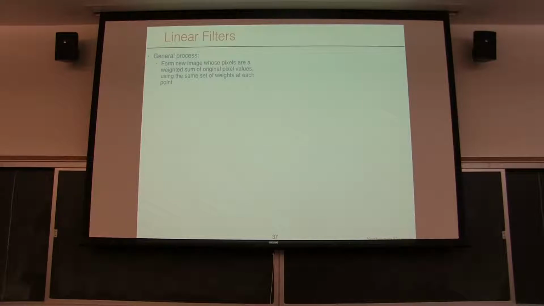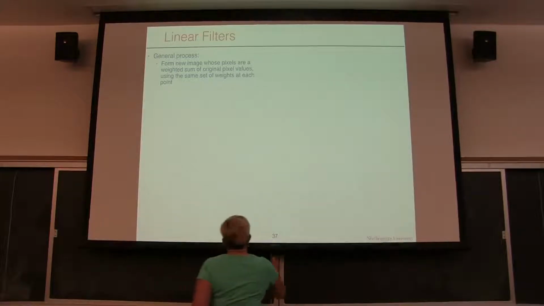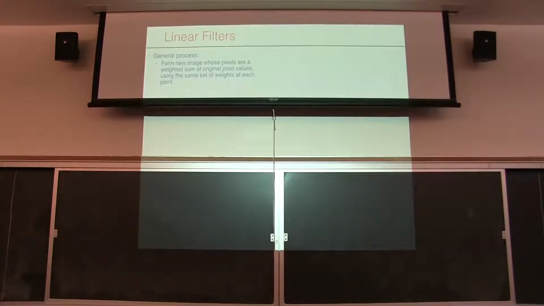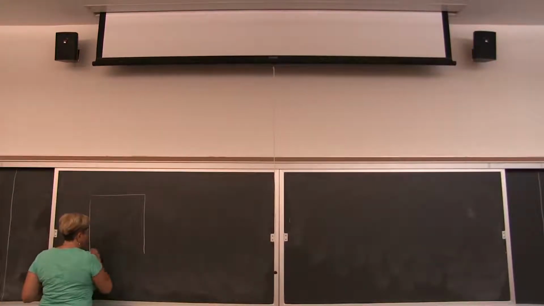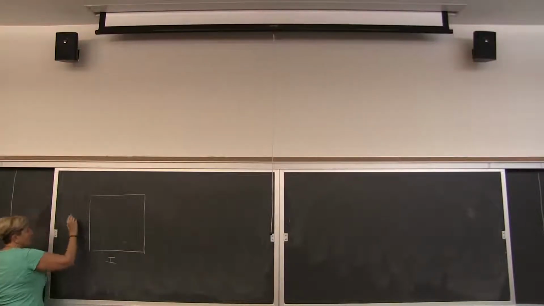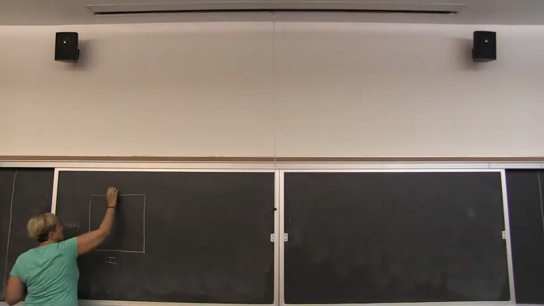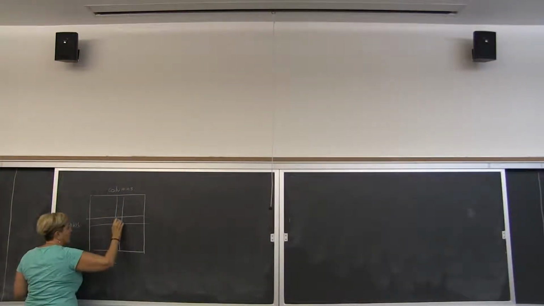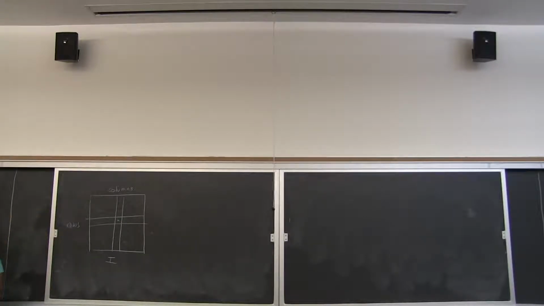Okay, so here's a general process. Actually, let me do it on the board. For linear filters, we're going to be given an input image I that has some number of rows and some number of columns, and I have pixel values.